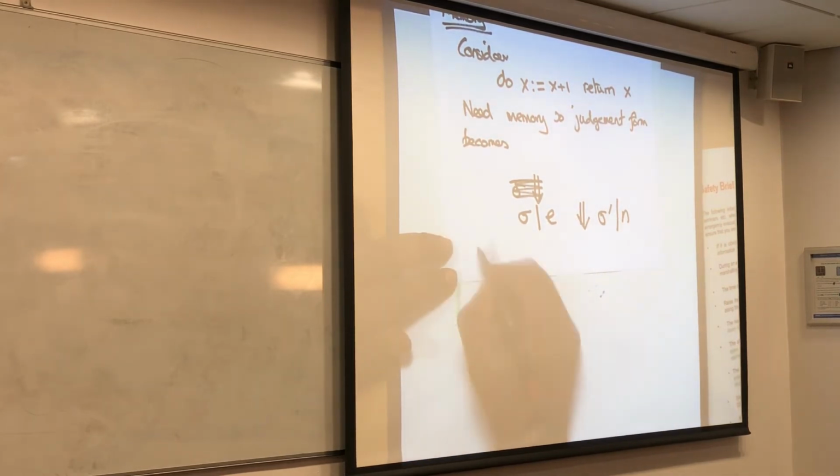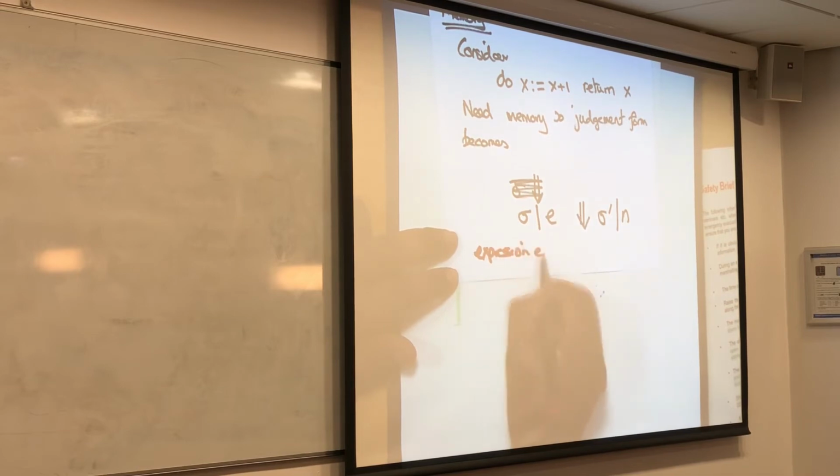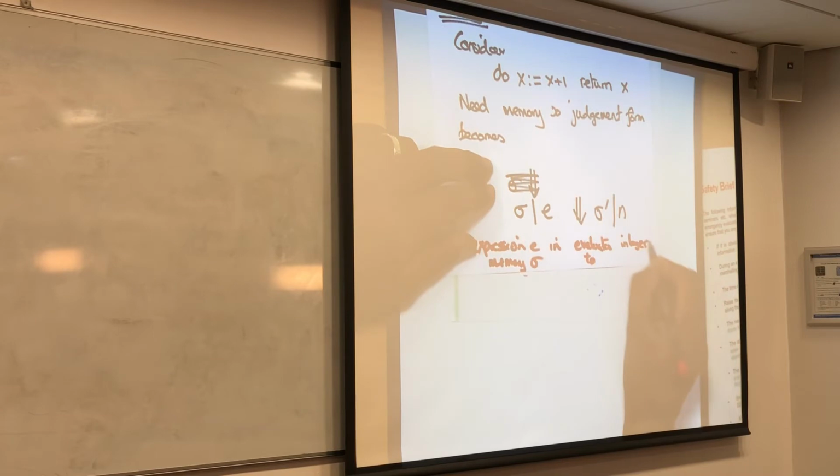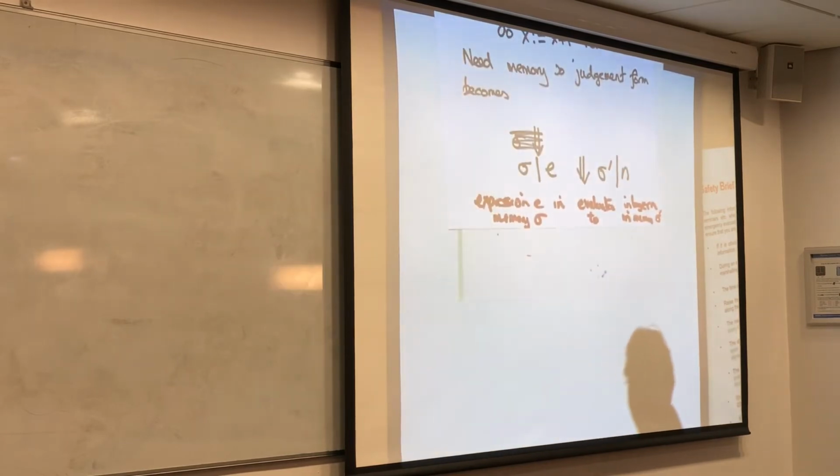So this roughly says expression E in memory sigma evaluates to integer n in memory sigma prime.